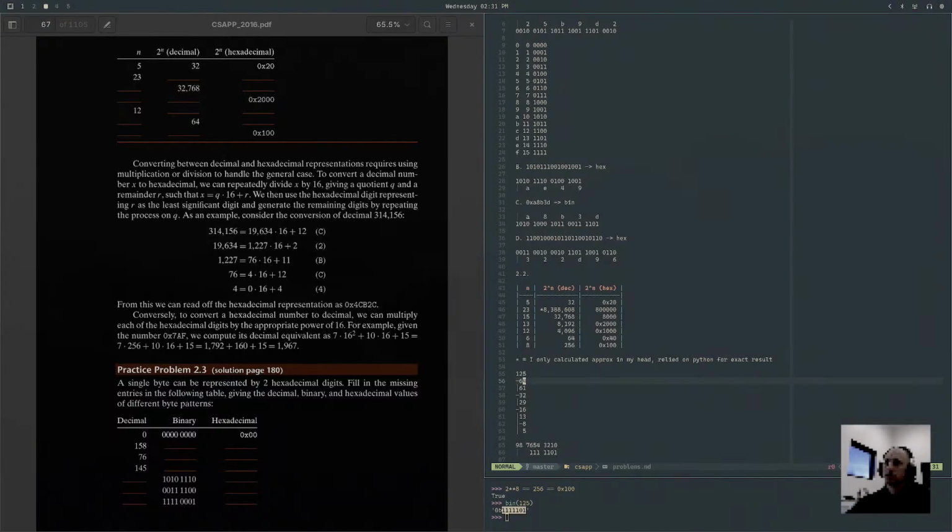So I used to do it that way. It works up to a certain degree, but when you get up to the higher powers, I just don't know those powers up there. So it's 1, 2, 4, 8, 16, 32, 64, 128, 256, 512, 1024, 2048, 4096, 8,000 something, 16,000 something, 32,000 something, and then 65,536, I think it is.